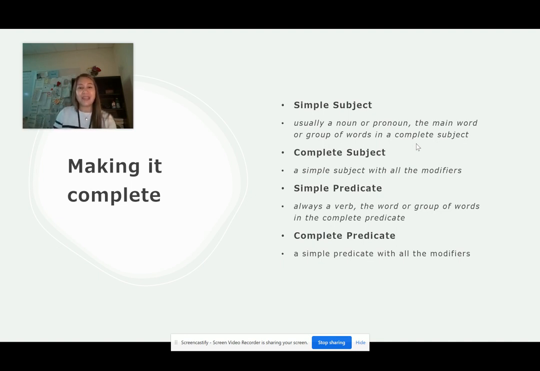Now, a complete predicate, on the other hand, is the simple predicate with the modifier. So, Miss Macarae, comma, the ELA 9 teacher has been out for 2 days. My complete predicate is has been out for 2 days. It's not just the action, but the modifier as well.